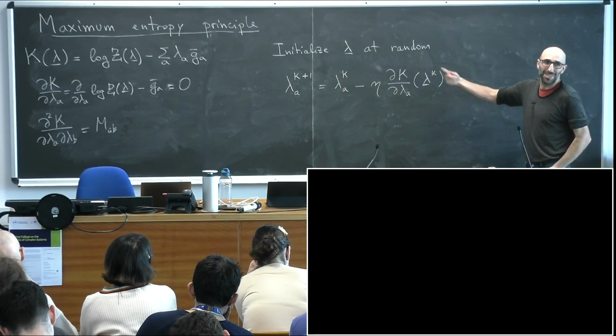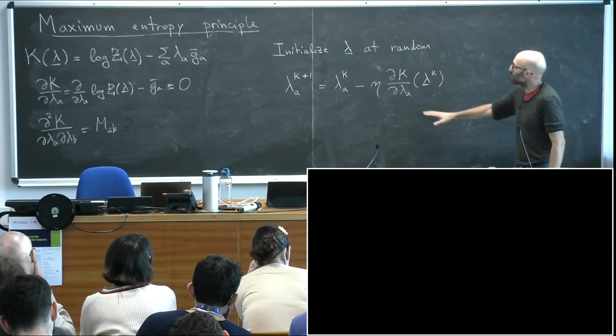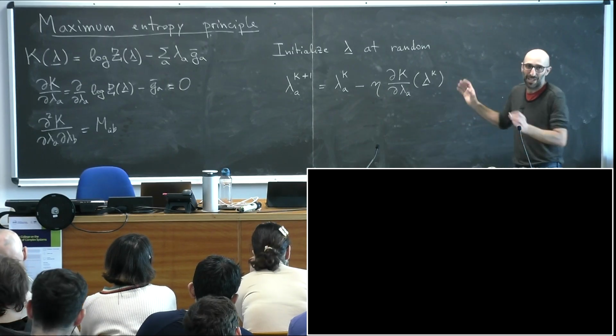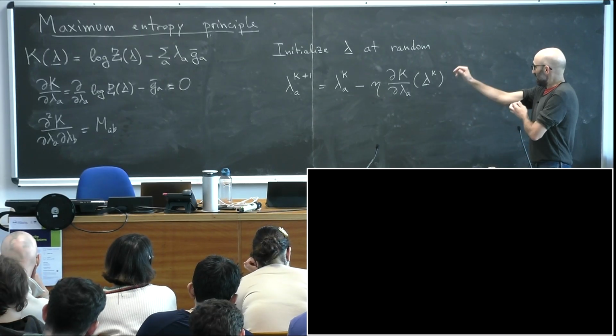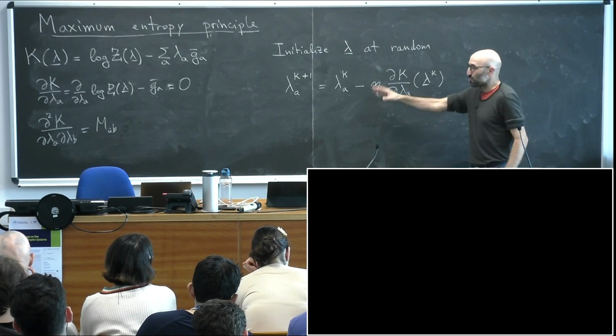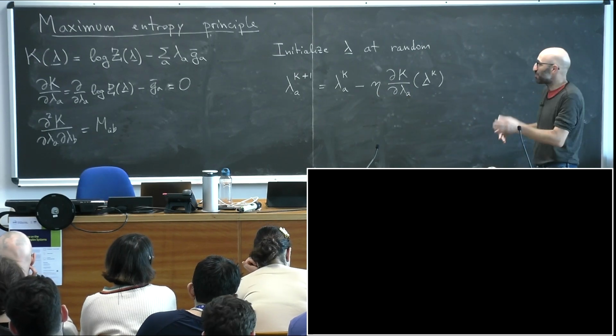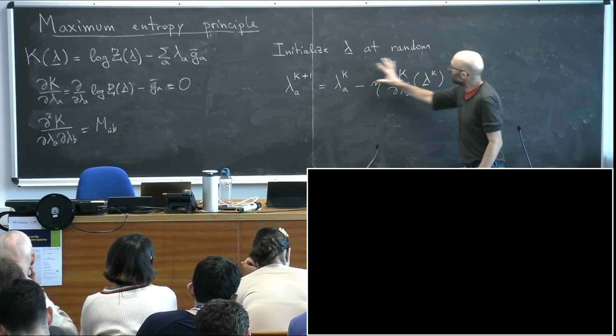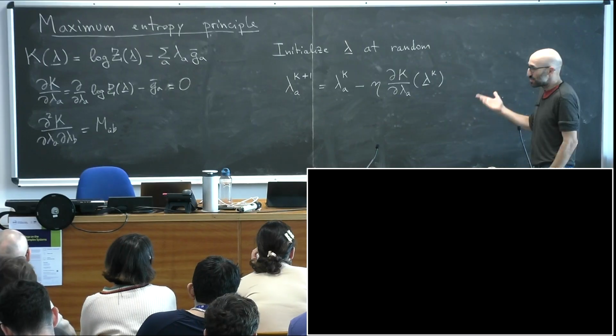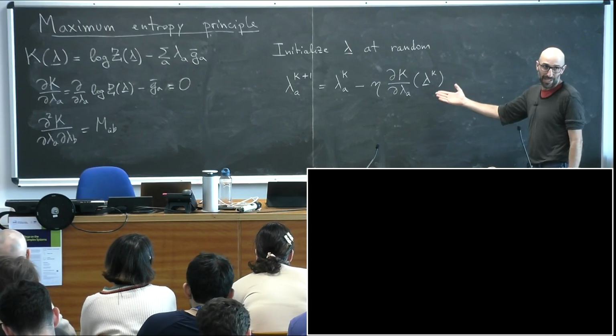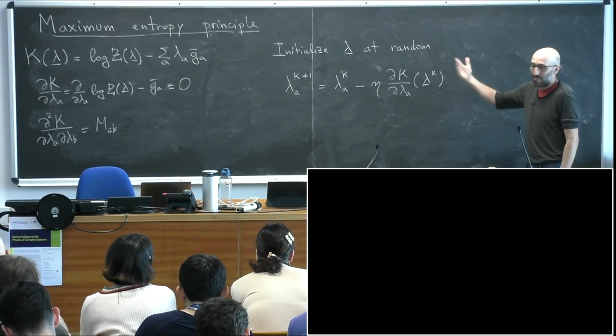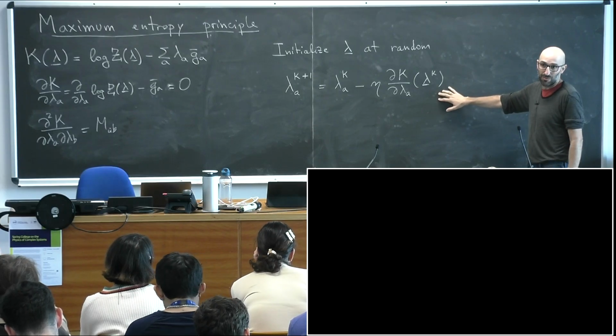So you iterate this a certain number of times with small enough eta, and you have to be careful to converge well. Maybe you have to reduce the learning rate a little bit during the learning, but you know that this will converge to the minimum of k. After a certain number of iterations, this will give you the lambda.